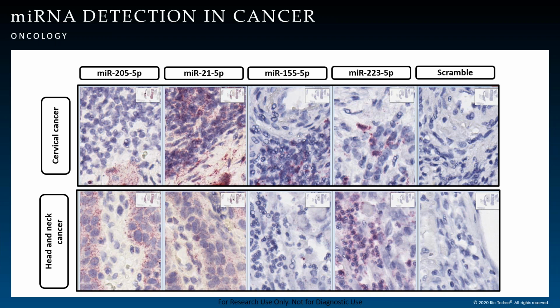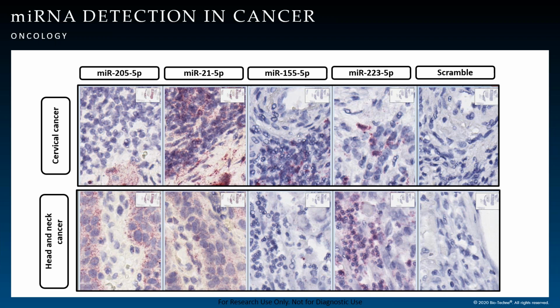Two microRNA targets that have been widely studied are miR-155-5P and miR-223-5P in the context of the immune response to various conditions, including viral infections as well as cancer.